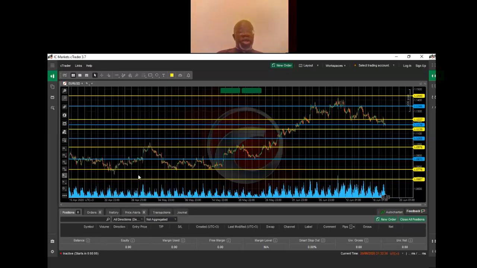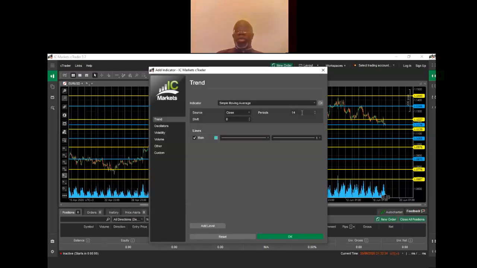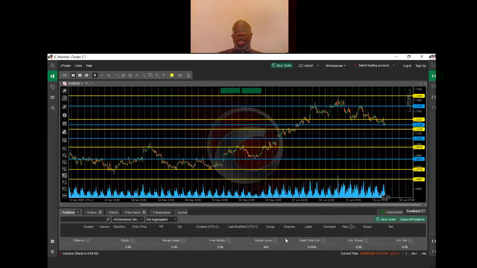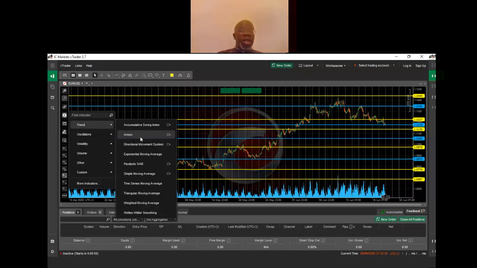Simple moving average, and the period you want is 60. Click OK. And it's supposed to track it. Why is it not showing? Simple moving average.